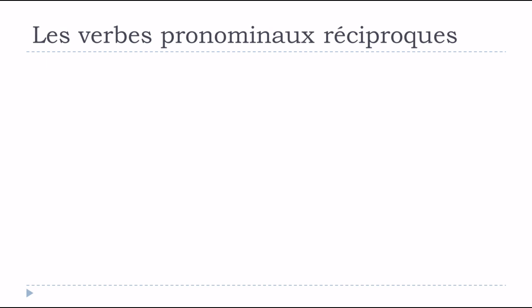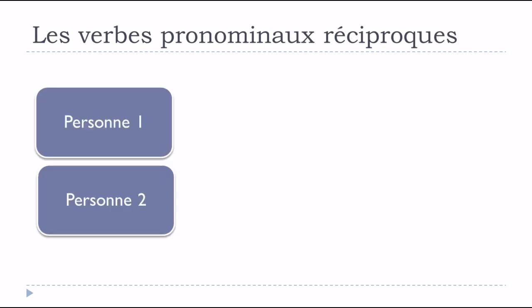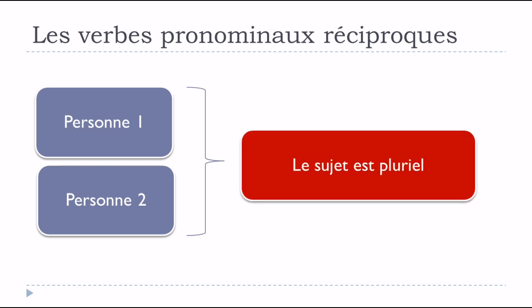Okay, so as we have two persons, la personne numéro 1 et la personne numéro 2, it means that le sujet est au pluriel. So the subject will need to be in the plural form, of course. Like we have here, ils se parlent. If you look, the subject is ils and it's the plural form.